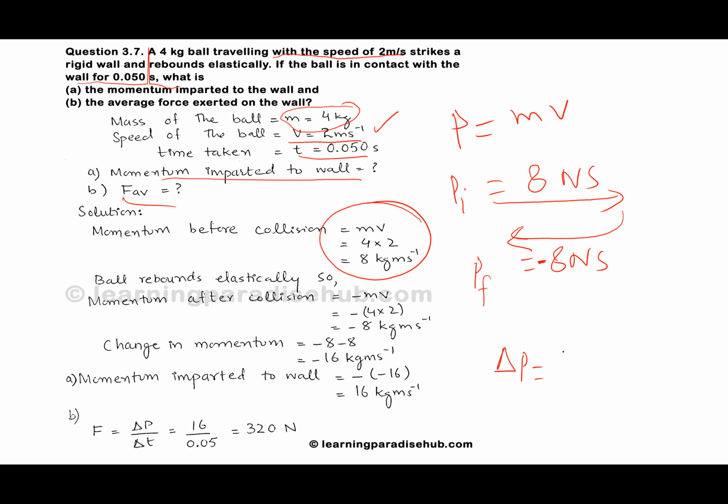Del P is the change in momentum. Pf minus Pi is equal to -8 minus 8, which is -16 Newton second. This is the momentum imparted to the wall. The negative sign represents the direction, so you can take its positive value also.